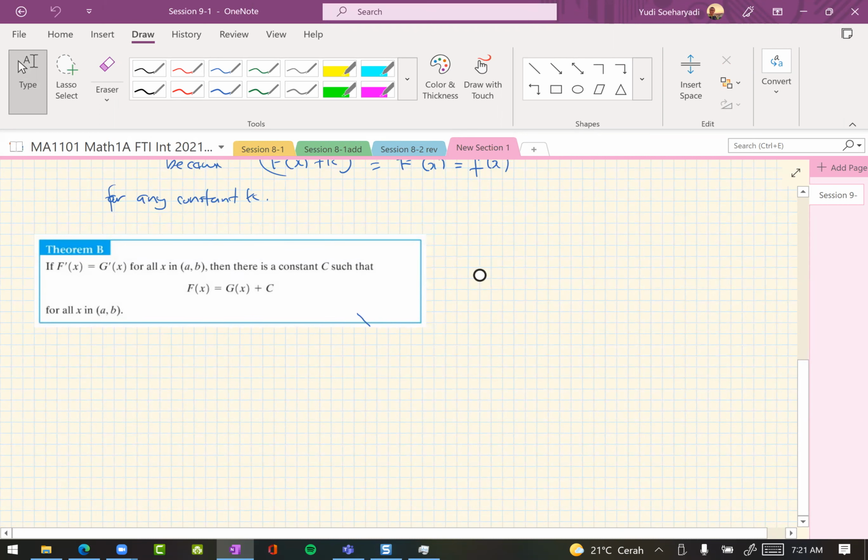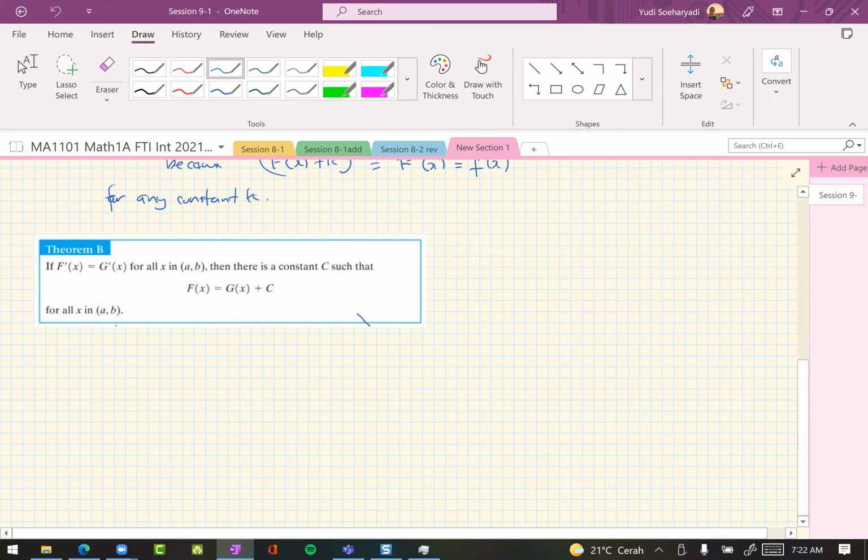So if you have two functions which have the same derivative, capital F and capital G, F prime equals G prime, then what you know is that F and G only differ by a constant. Okay. So how do you see this one here?